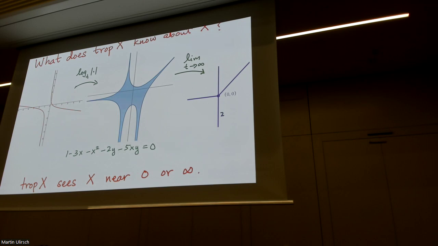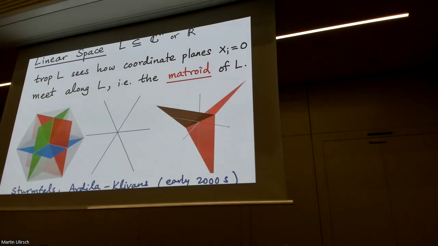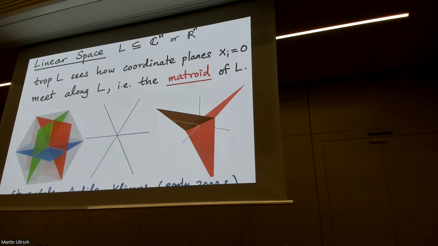Yeah, that's right. So in the linear case, my variety in this case is the gray plane, and tropicalization sees things near 0 or infinity. In particular, it sees how the coordinate planes restrict to my linear space. It sees which of these coordinates vanish at the same time or not.